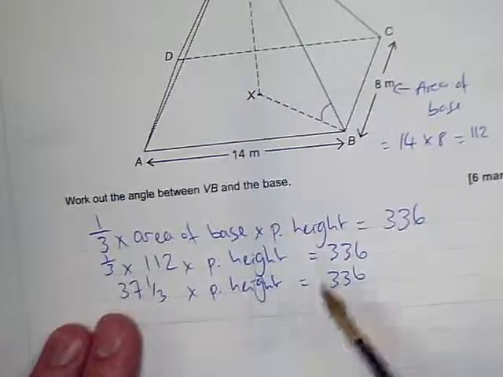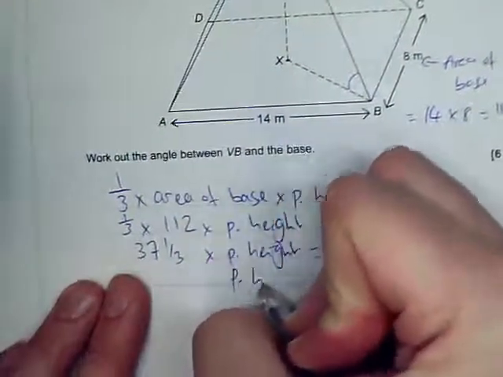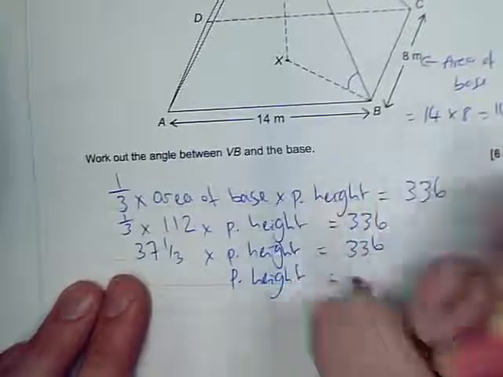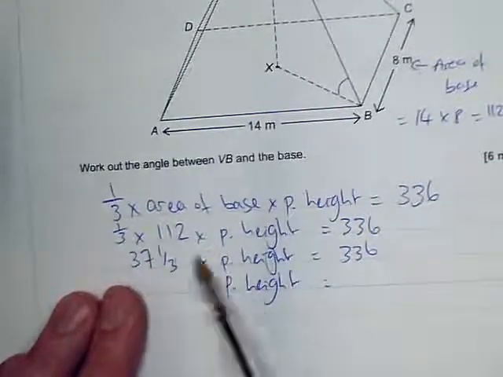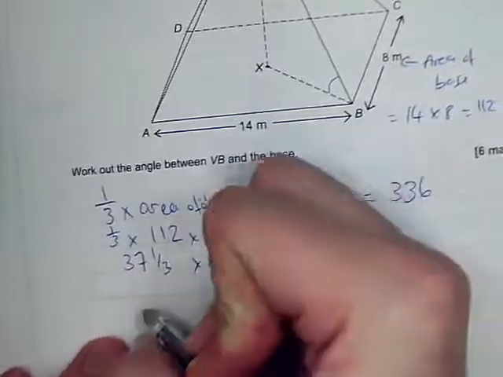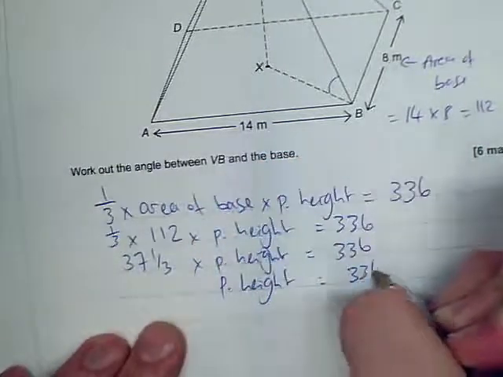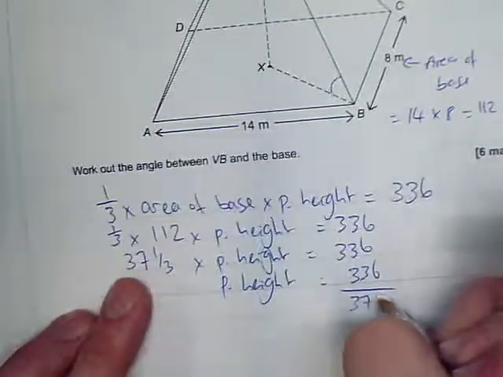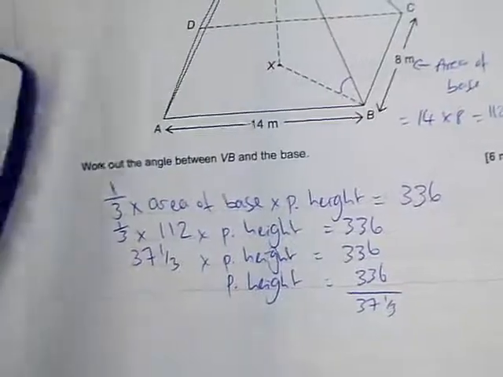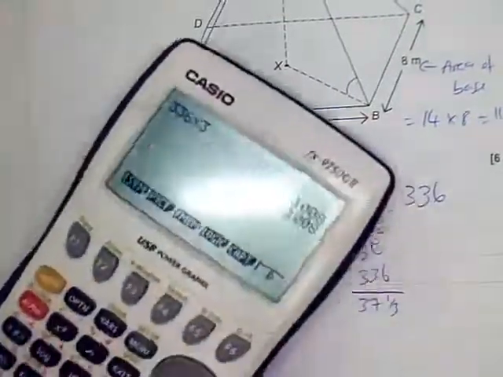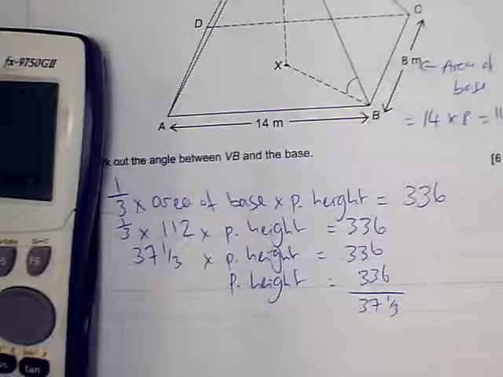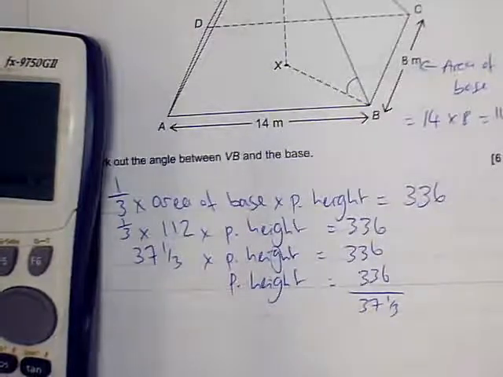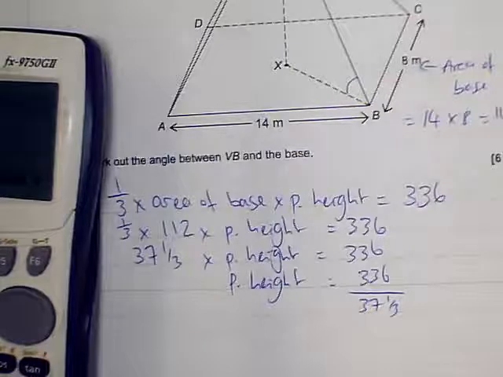So now I want to find out the perpendicular height. Just like solving an equation, we don't want this bit. It's times, so we need to do the opposite. So we have to divide both sides by 37 and a third. Because it's already in my calculator, I'm just going to type in... at least it was in my calculator.